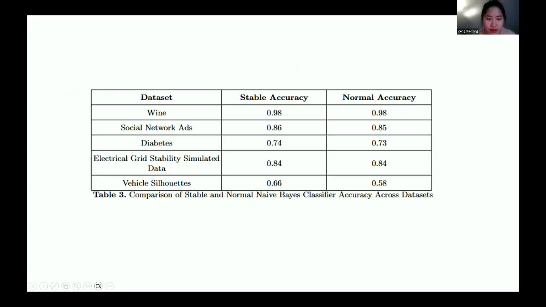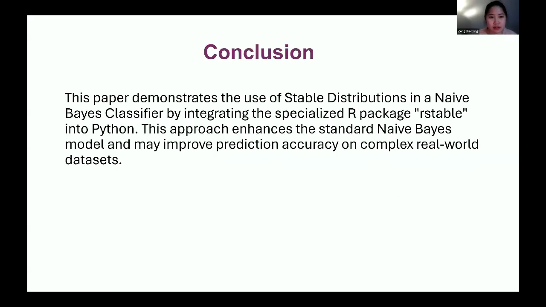Here we apply the model to other real-world datasets. We can see that the stable accuracy is also higher than the normal accuracy. Our conclusion is that the stable Naive Bayes model can improve prediction accuracy on real datasets, especially when the sample size is small.